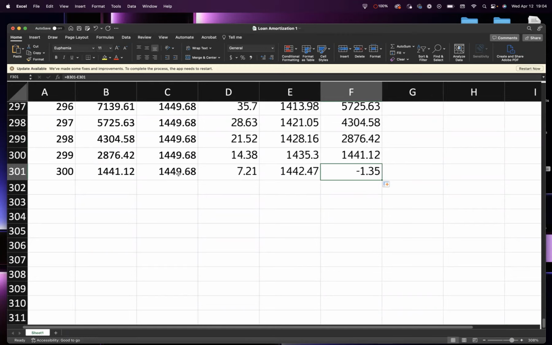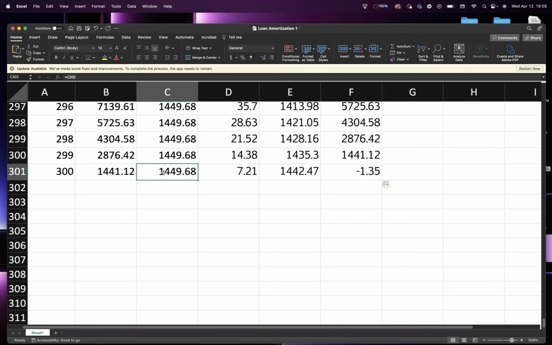You need to reduce the last payment by that amount. So 1449.68 minus 1.35.